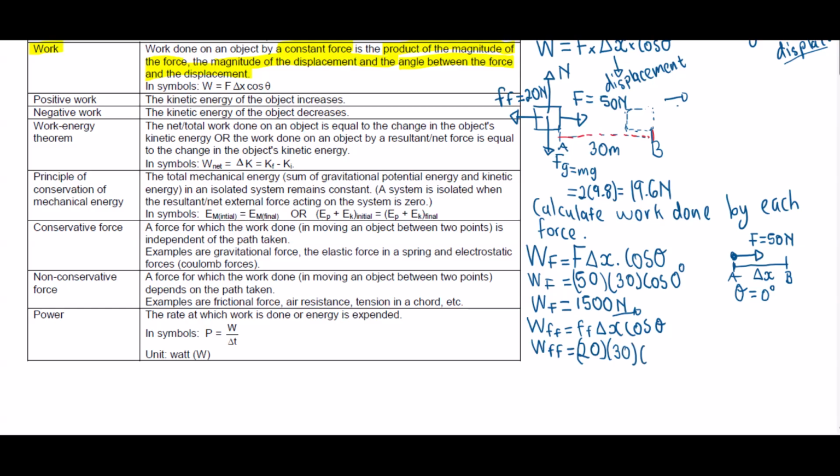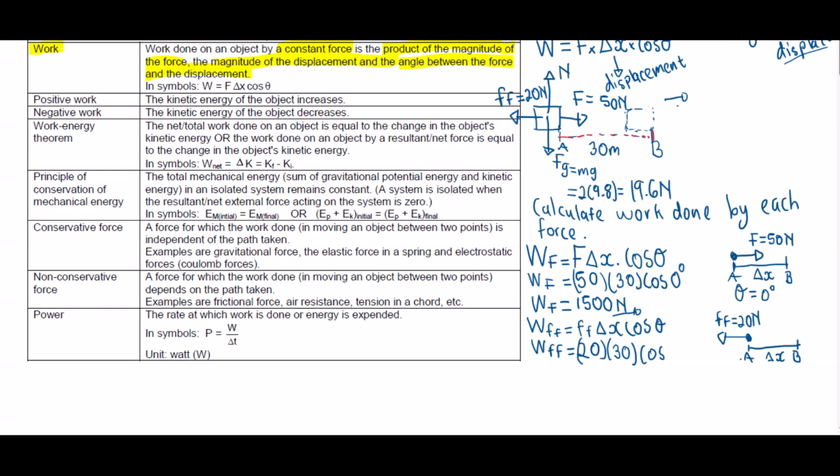So now let's investigate the angle. Looking at the frictional force, it is going in the opposite direction of the motion, to the left. However, the displacement, which is from A to B, delta x, is going to the right. So the angle between them is going to be 180.